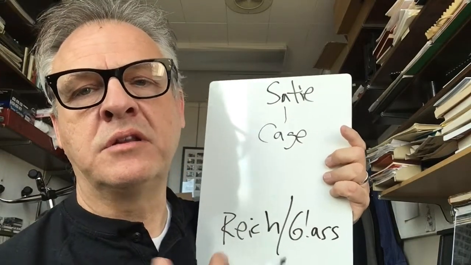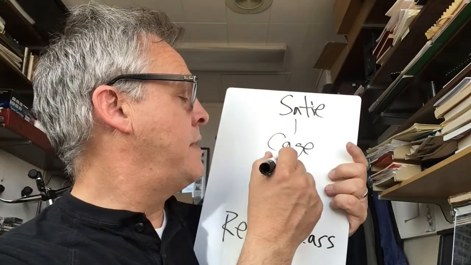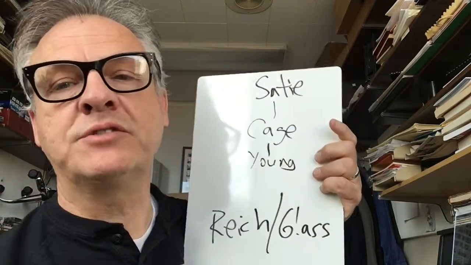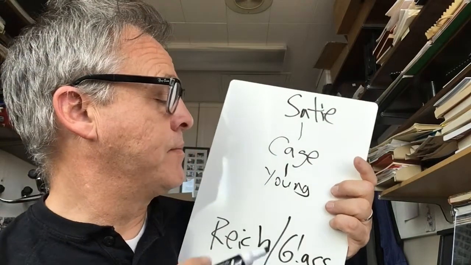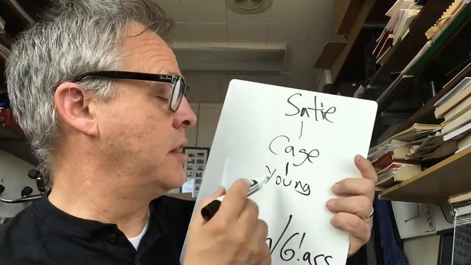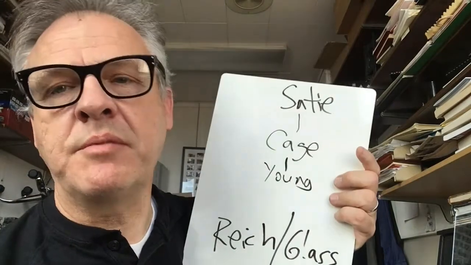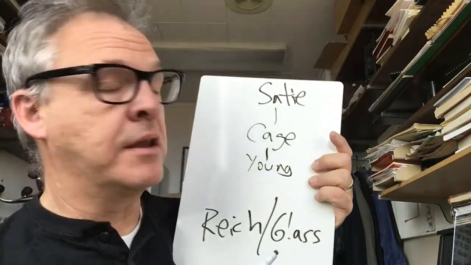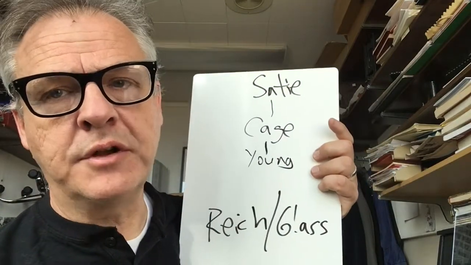contain development or variation. Then we have what I would call the most influential Mormon composer, La Monte Young, who's still alive. La Monte Young is sometimes called the granddaddy of minimalism, certainly by Reich and Glass and others.